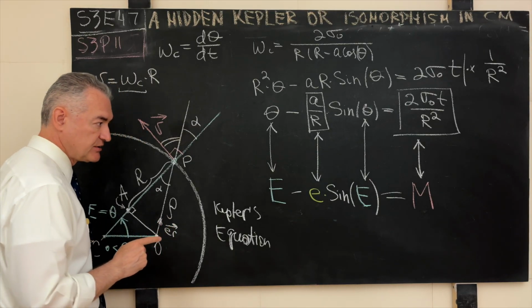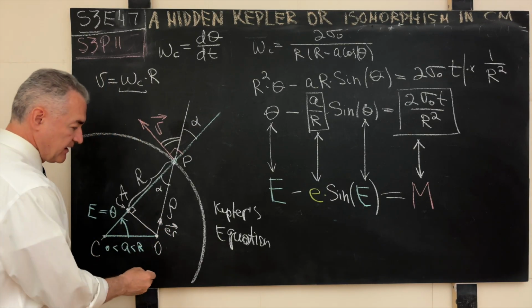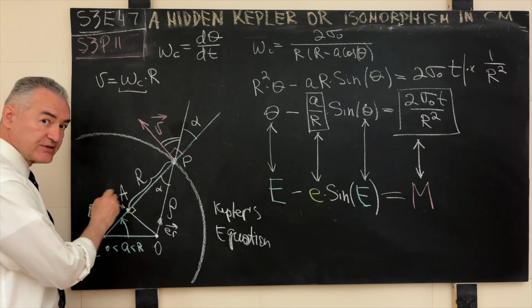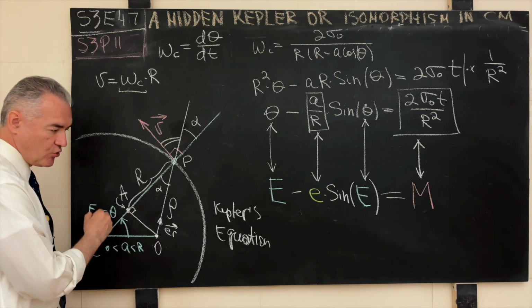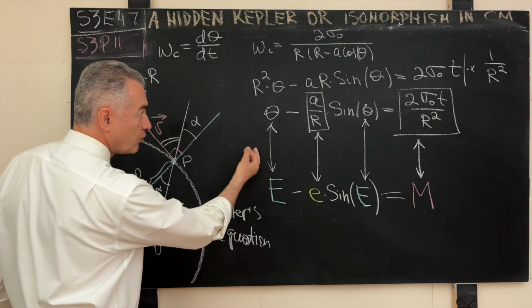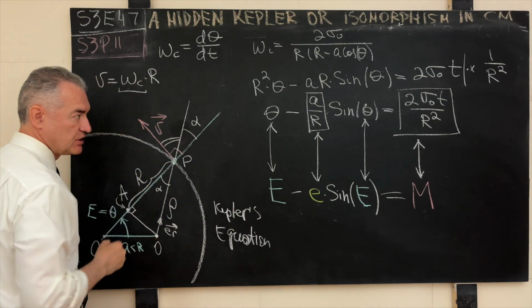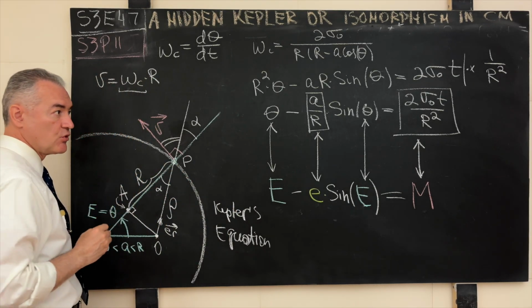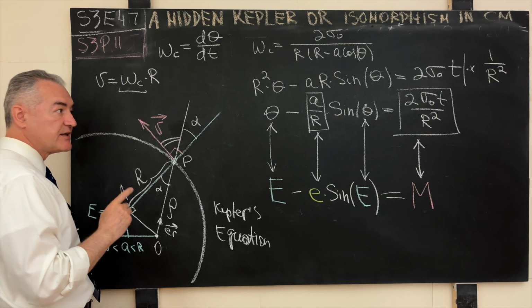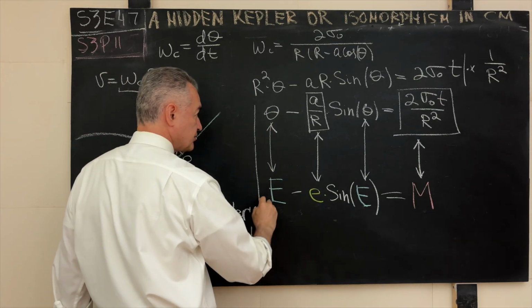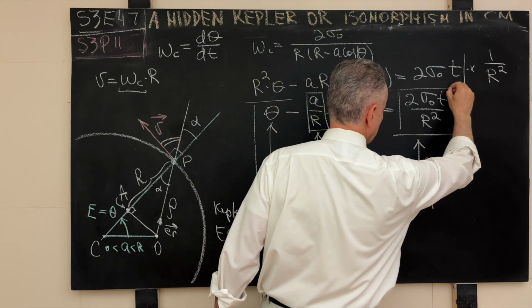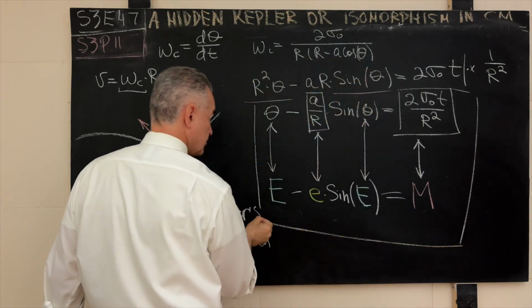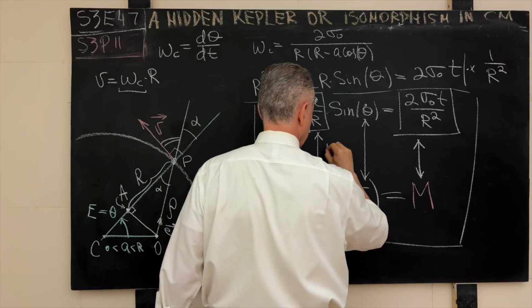So these two systems, the Keplerian planet that orbits its star over an elliptic orbit, and our motion of our point over the circle, are isomorphic, precisely because structurally they are the same.